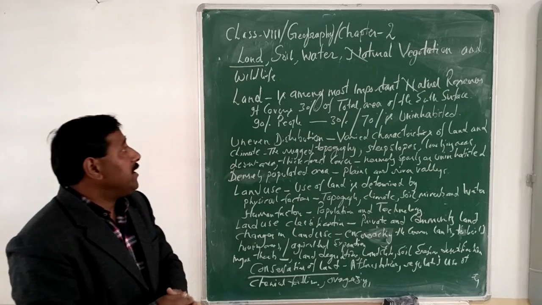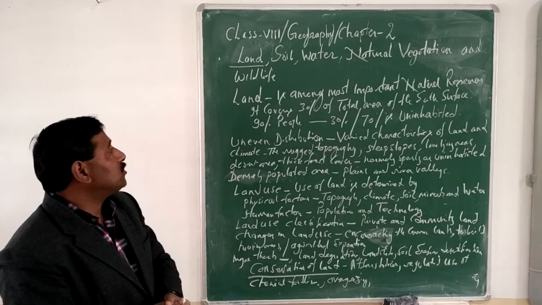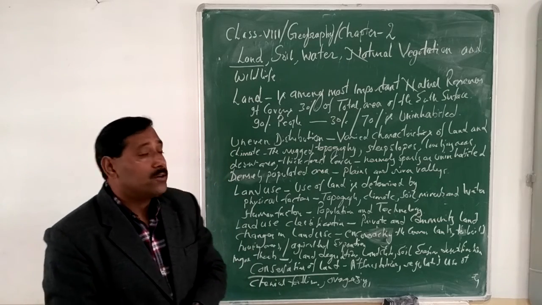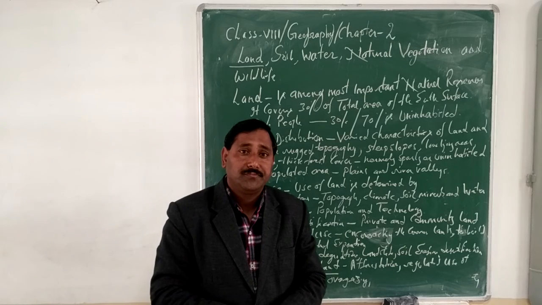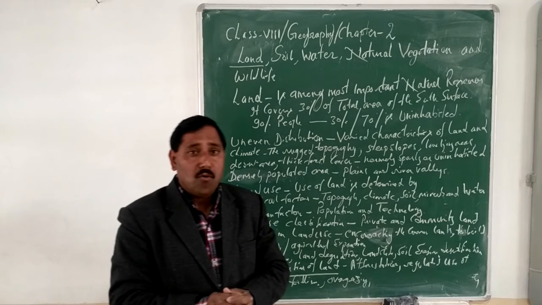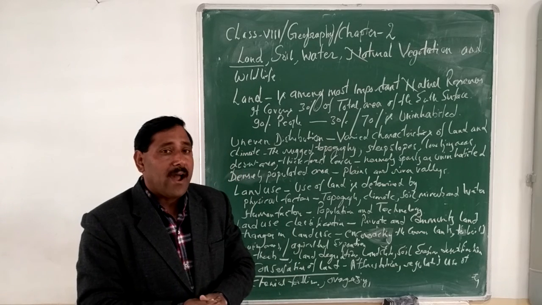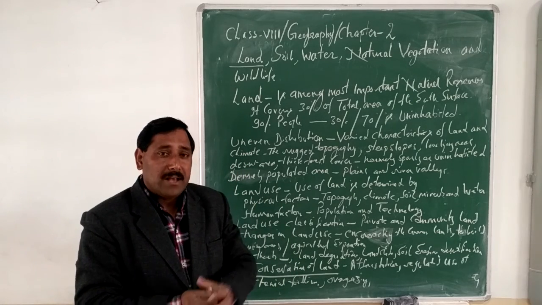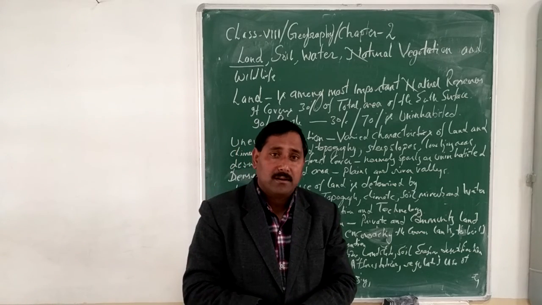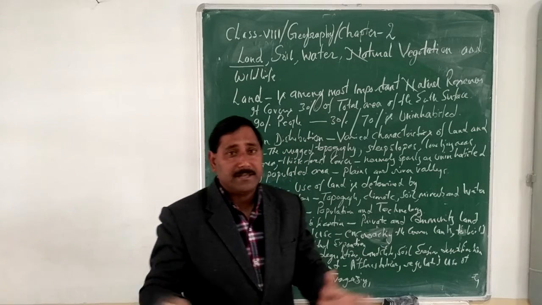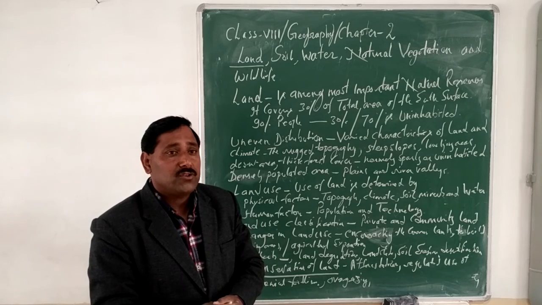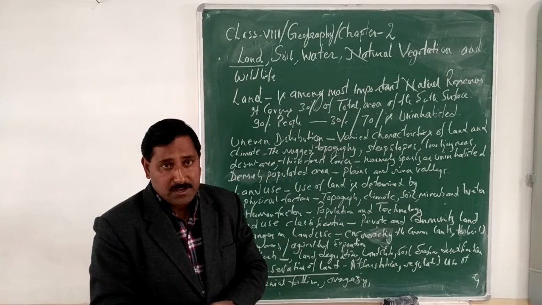Now, land is among the most important natural resources and it covers 30% of the total area of the Earth's surface. If you see a globe, you will find the maximum part is covered by water, which is 70%, and a very little part is land surface.